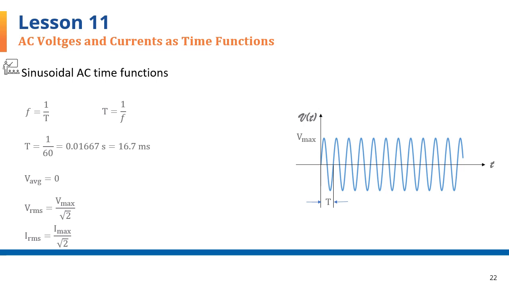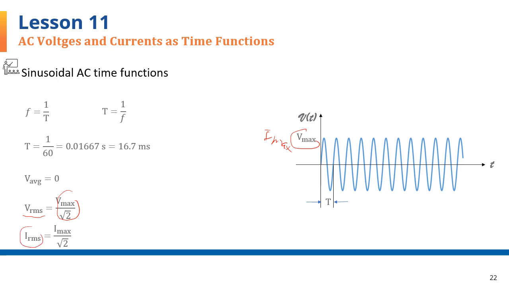So here we have Vrms equals Vmax over square root of 2. And if this were a current curve or current function, this would have been Imax, and Irms would be Imax over square root of 2.